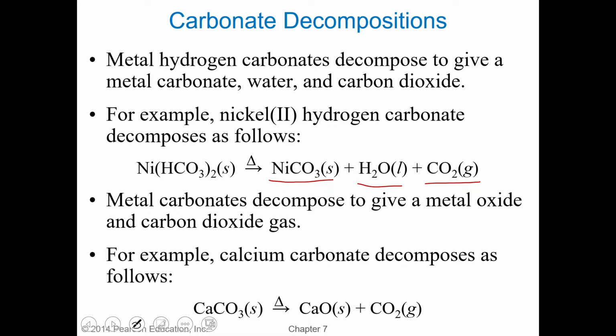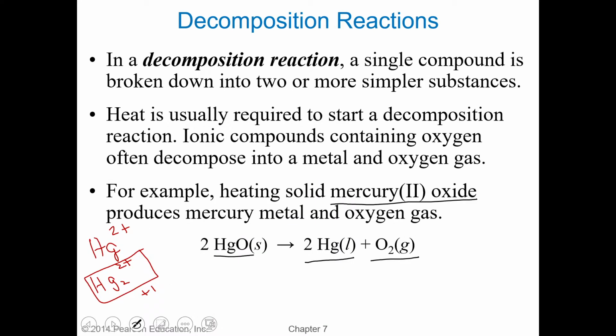This nickel carbonate could continue to decompose, and if it does decompose, here's just another metal carbonate. It doesn't really matter what it is. If the metal carbonate continues to decompose, you're going to get the metal oxide and carbon dioxide always as the products.